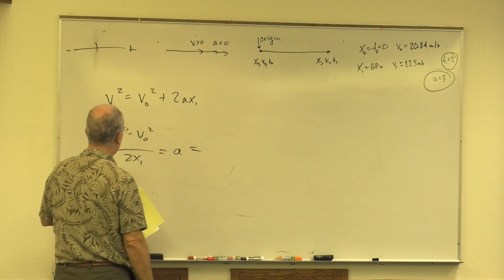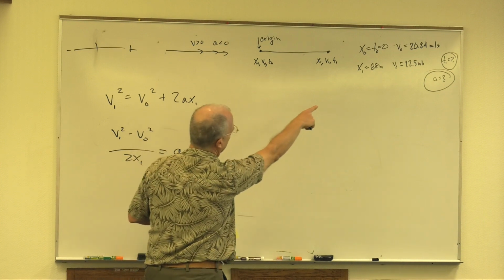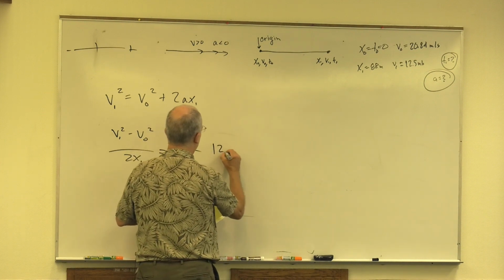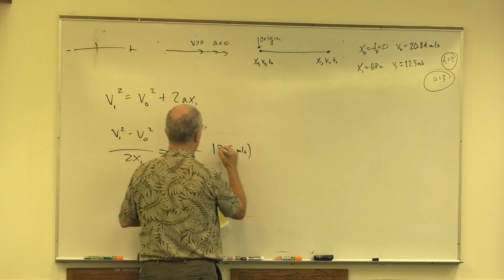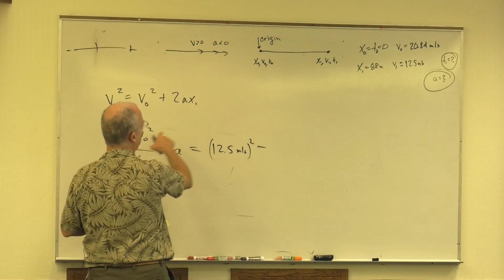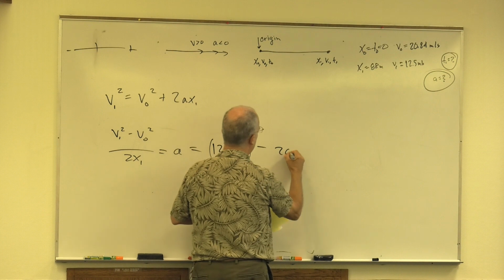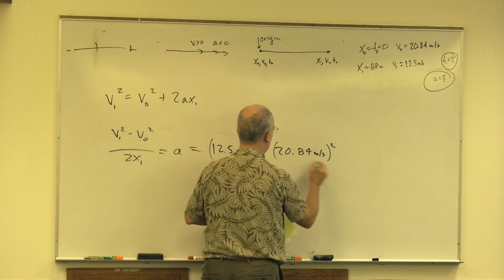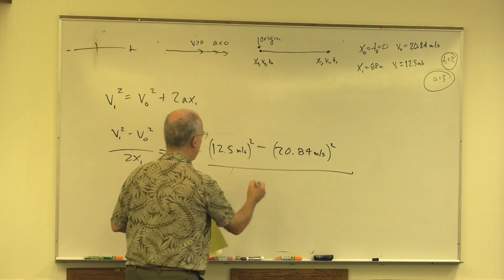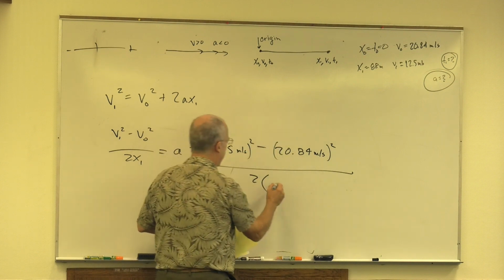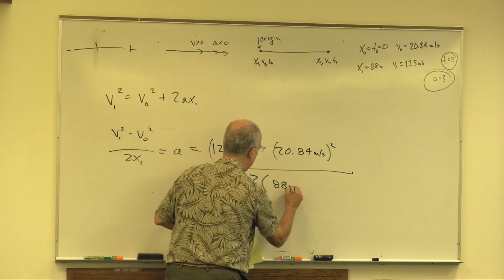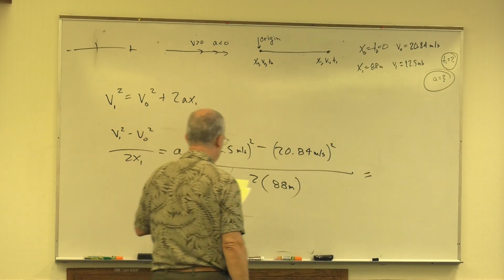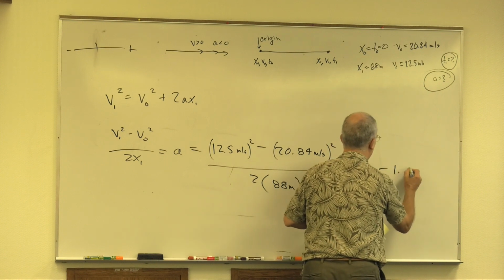V1 is 12.5 meters per second, squared, minus V0, 20.84 meters per second, squared, the whole mess over 2x1, 88 meters. I promise you, you do that, you get minus 1.58.